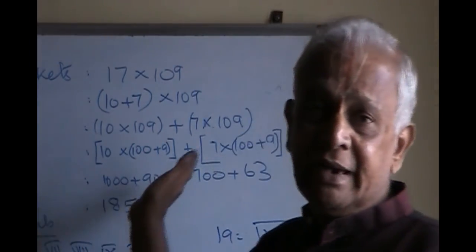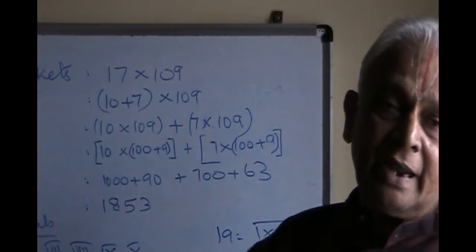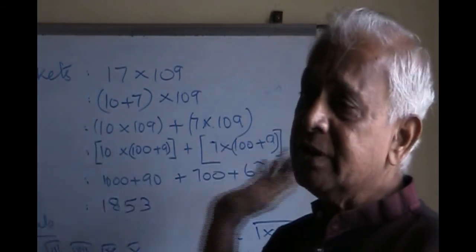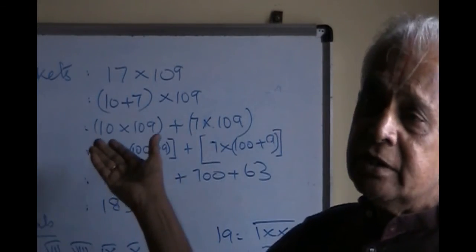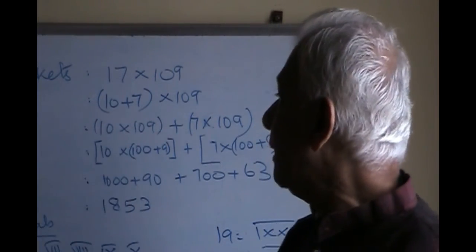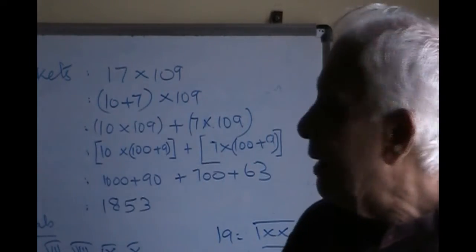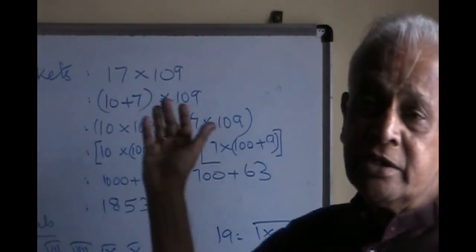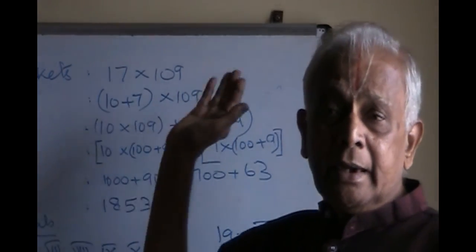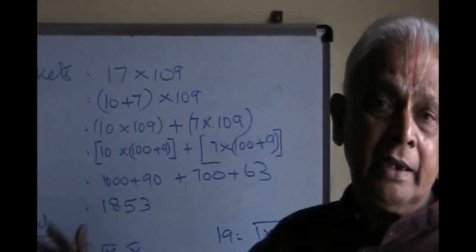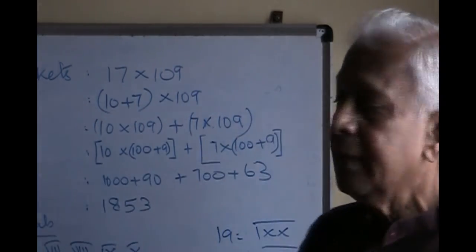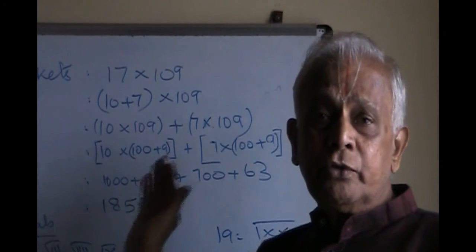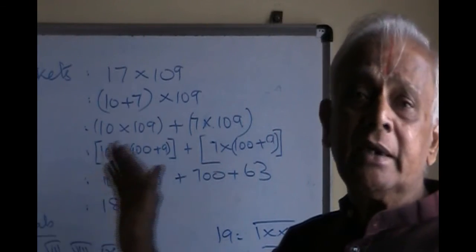Suppose in the example given, say 17 into 109, how this is split into numbers. You just see 17 is split into 10 plus 7 into 109. The next step, each number is multiplied by 109. So 10 into 109 plus 7 into 109. Next, the 109 is also split to our convenience as 100 plus 9.